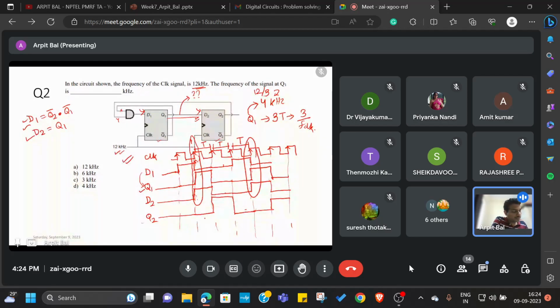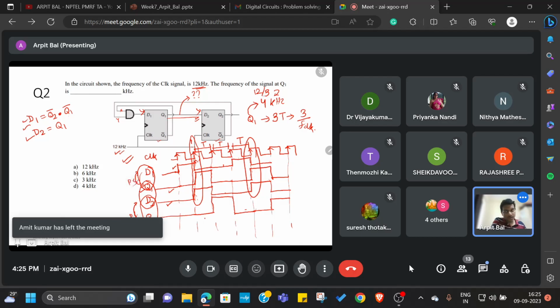So Q2 bar Q1 bar was 1, and based on that, D1 was 1. Q1 stays there, D2 is same as Q1, and Q2 is just the previous value of D2. Similarly Q1 is the previous value of D1. If you make this observation, then drawing the timing diagram becomes easier for you.